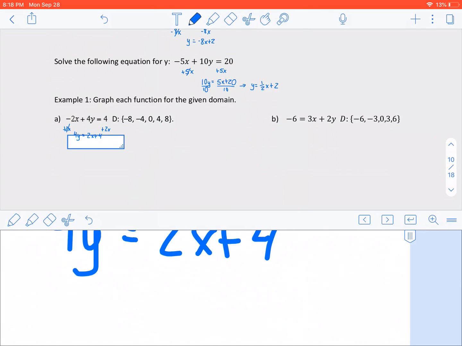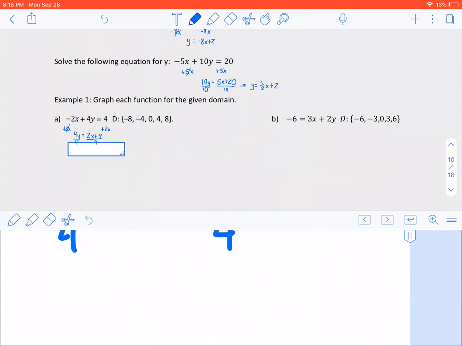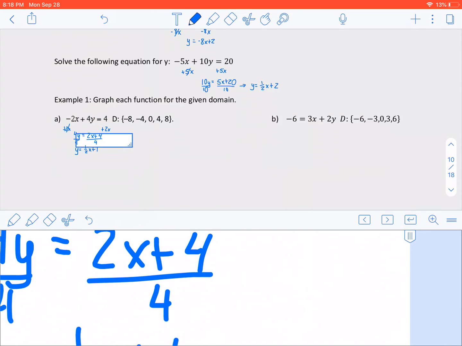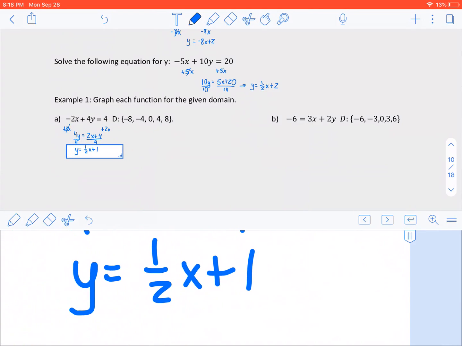Y is being multiplied by 4. Opposite of multiplied by 4 is divided by 4. What I do to one side, do to the other. So I get y equals 1/2 x plus 1. Because again, 2 divided by 4 is 1/2. 4 divided by 4 is 1.